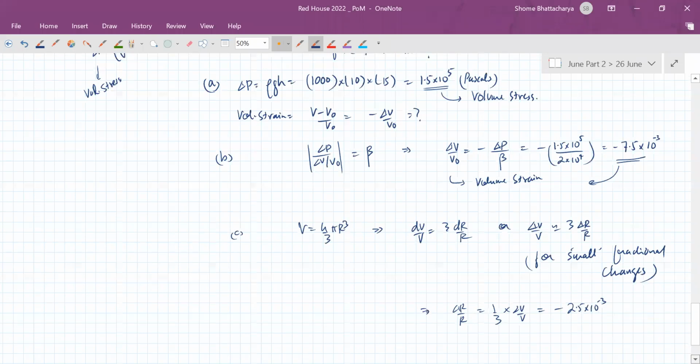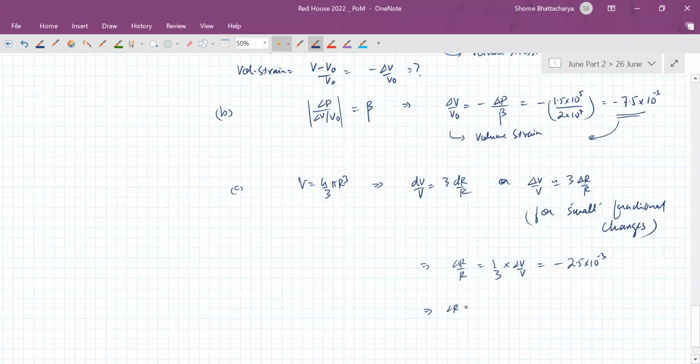So the percentage change will be minus 0.25%. So this is the C part's answer.